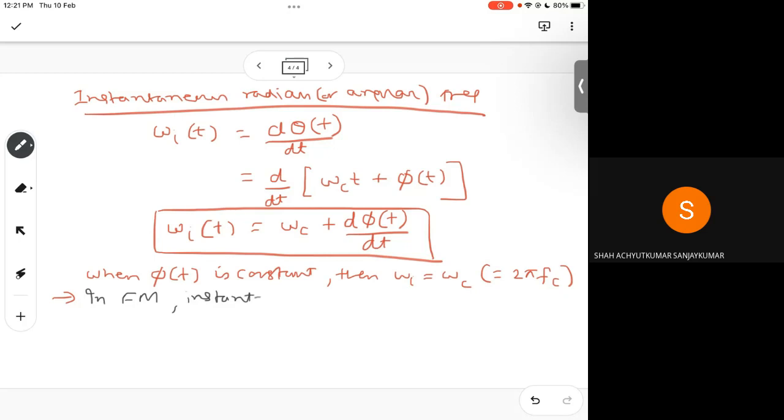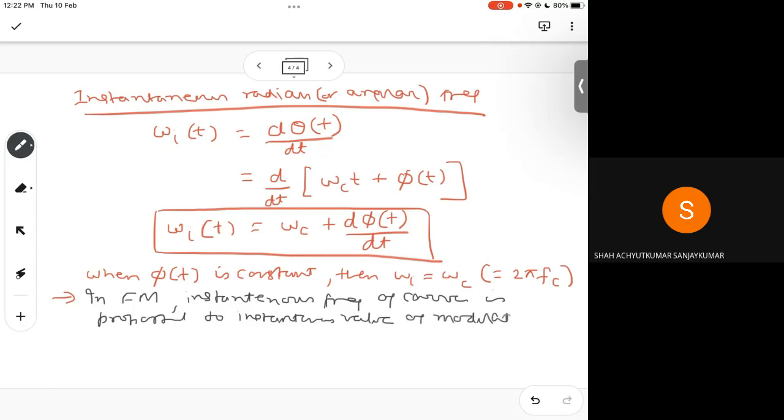The instantaneous frequency of the carrier is proportional to the instantaneous value of the modulating signal. Value means amplitude of the modulating signal. That means d phi(t) by dt, which we have just quoted.